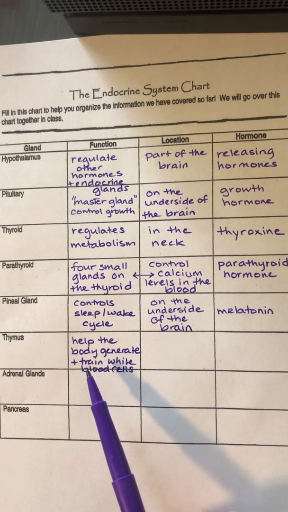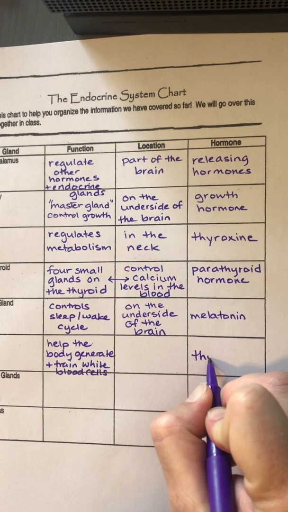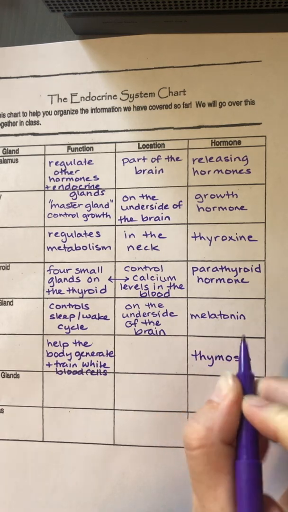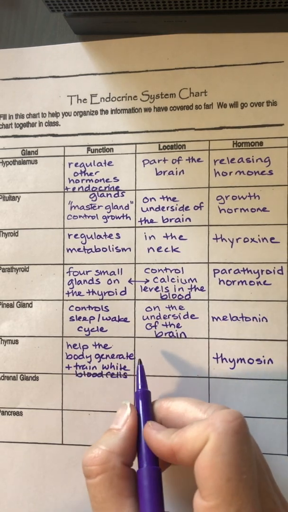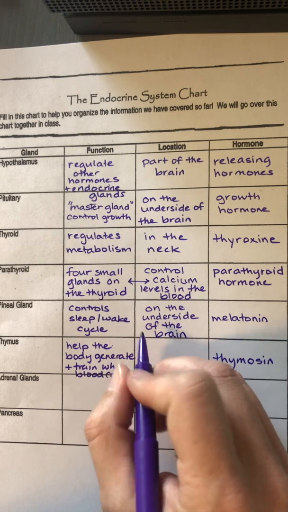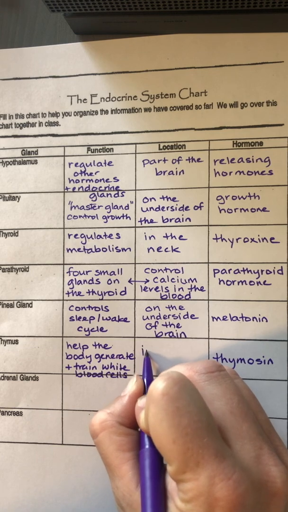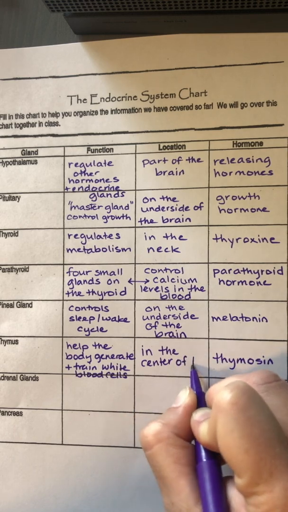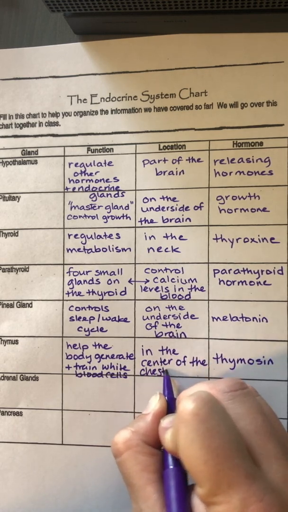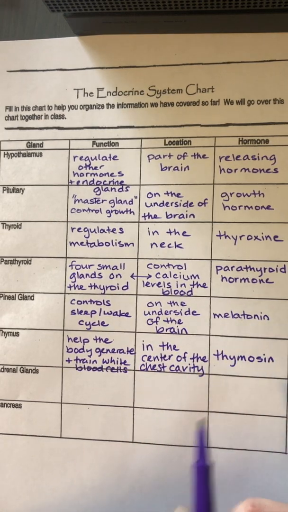And then as you grow older, your thymus actually shrinks away and is replaced by fat tissue. The thymus makes a hormone called thymosin that helps with the T cell production. And then its location is in the center of the body, or in the center of your chest cavity. And it's kind of in the area right between your lungs.